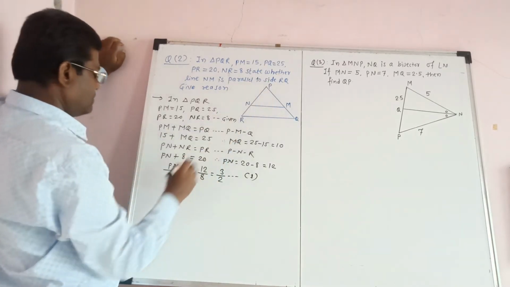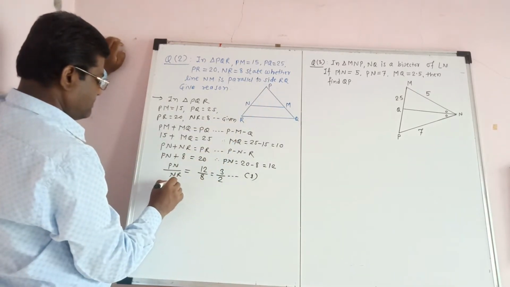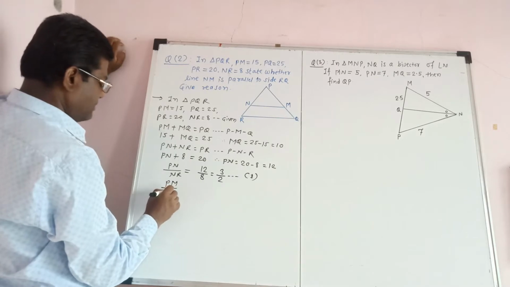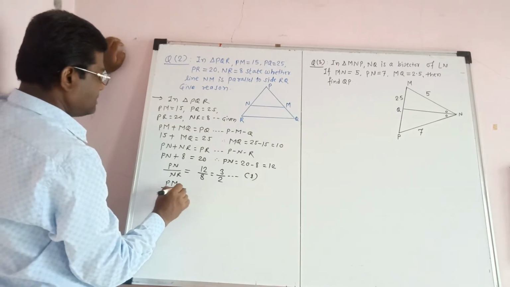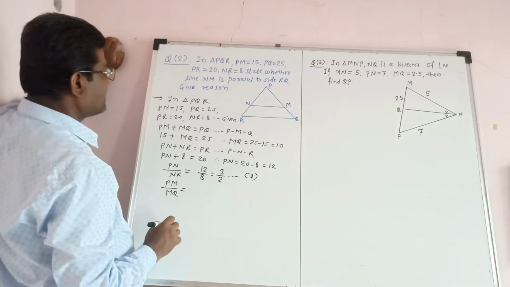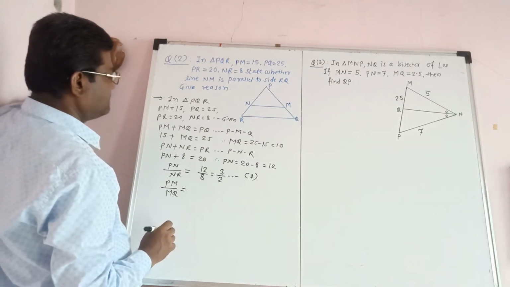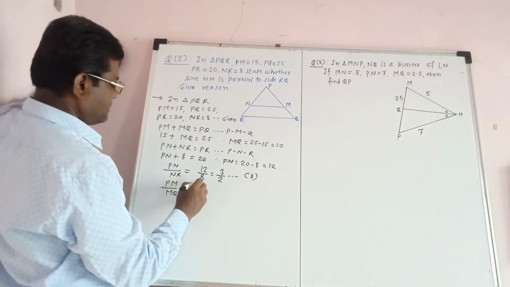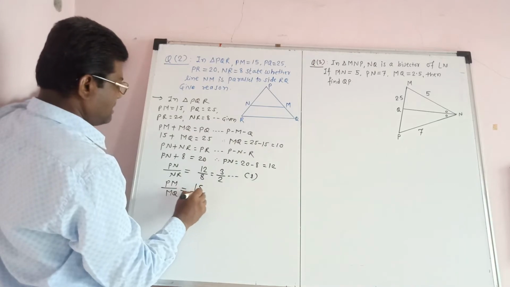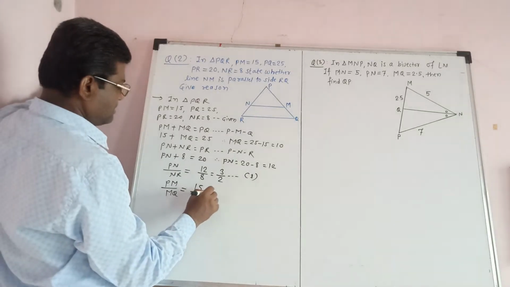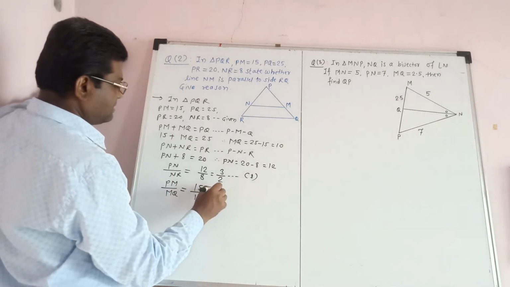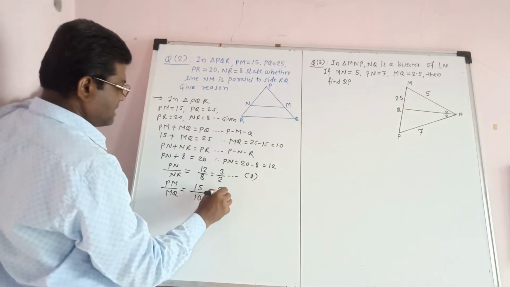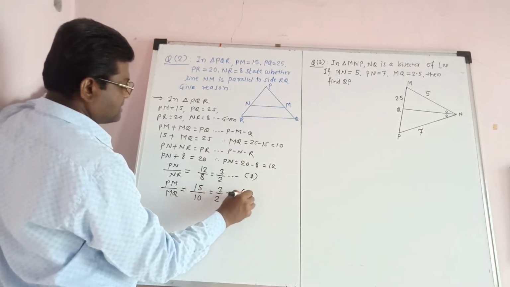Now take the ratio PM upon MQ is equal to the value of PM, 15, and MQ is 10, divided by 5: 5 3s are 15, 5 2s are 10. This is equation number 2.